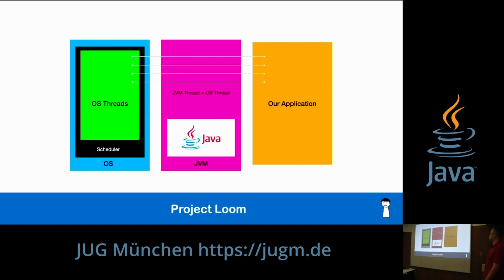To understand what virtual threads do and why they are so cool, let's discuss how Java threads work right now. Whenever we have a thread in Java, the Java virtual machine needs to contact the operating system and create a new standard operating system thread, which is handled by the operating system scheduler, and then use it as a JVM thread at the JVM level.